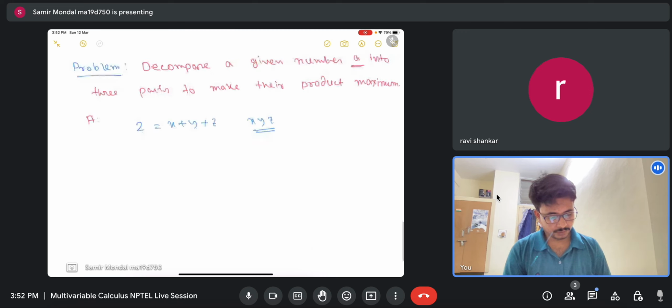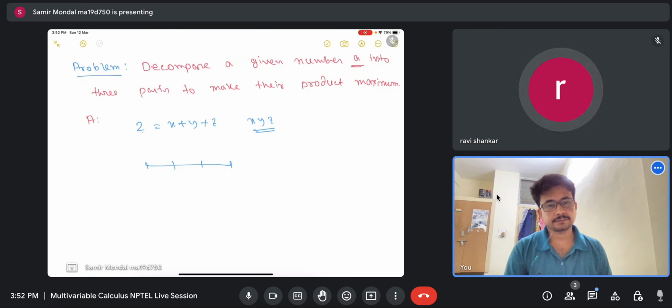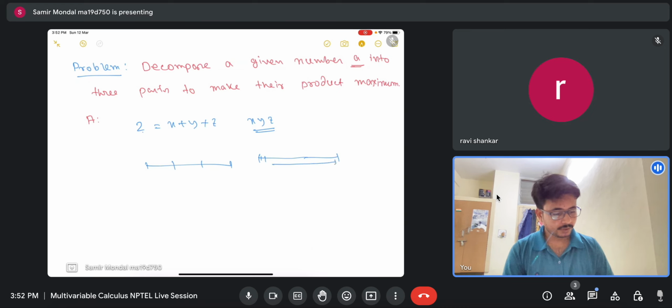Suppose this is your length. You have to divide it into three parts such that your product should be the maximum. You can do it like that: you take one very small part and a full one, but when you multiply this small number with the others, the value will automatically be reduced.